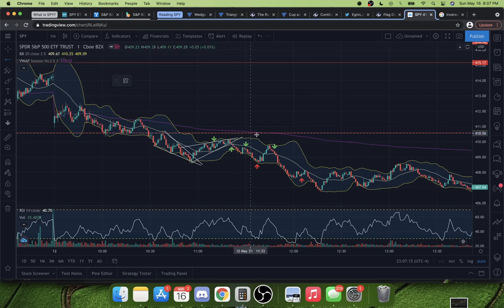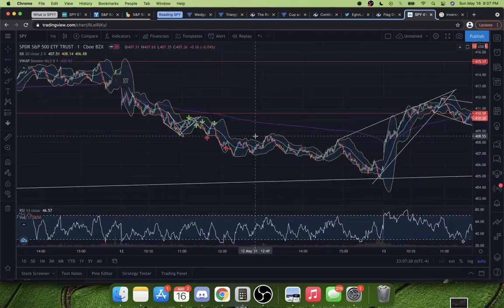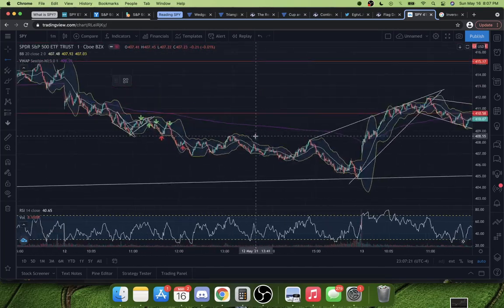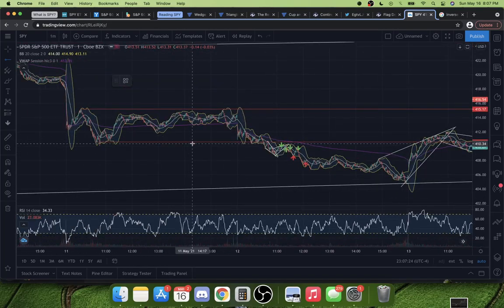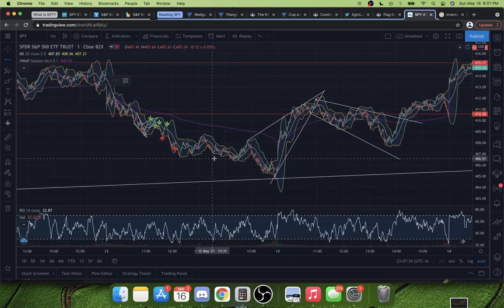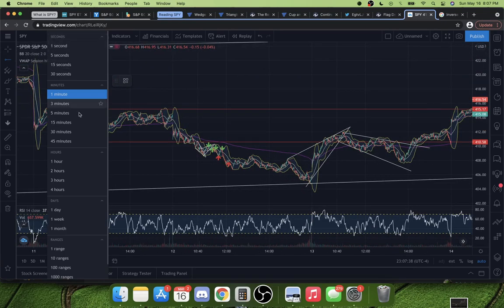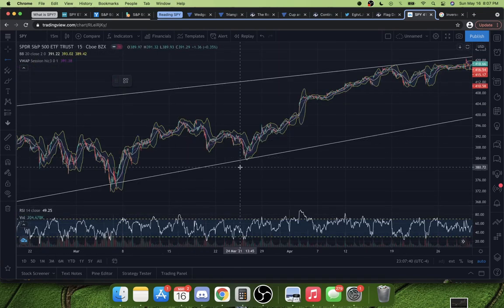So I would add to my put position there and continue riding that down, right? So that's just using that previous support level as resistance. Now we're going to find our next support level, and to do that, zoom out a little bit.